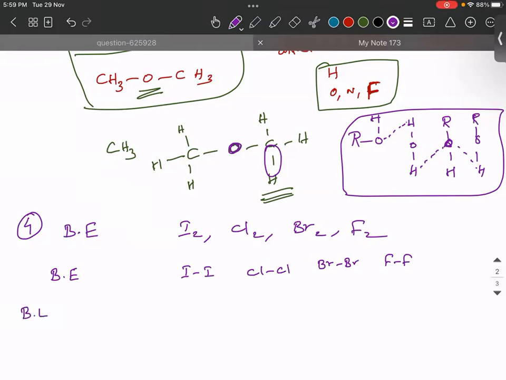Bond length, bond angle, bond energy and bond order. You know that the bond order is inversely proportional to bond length, and directly proportional to bond energy.